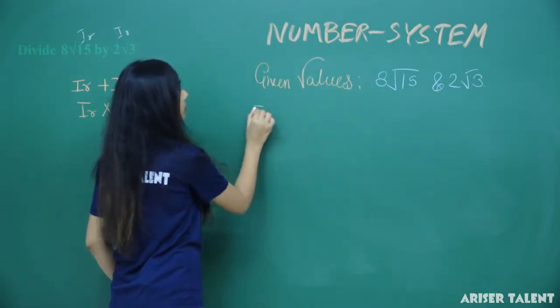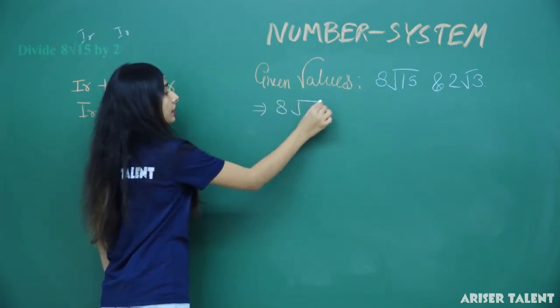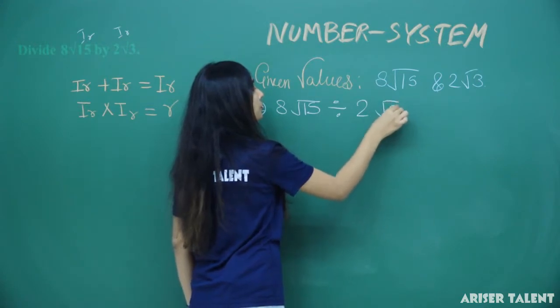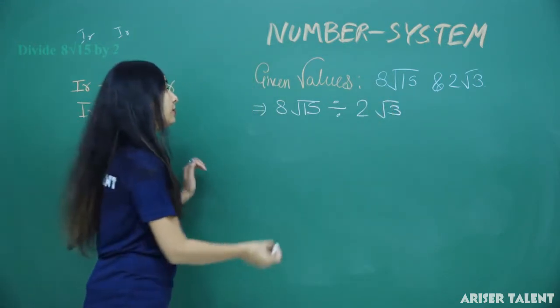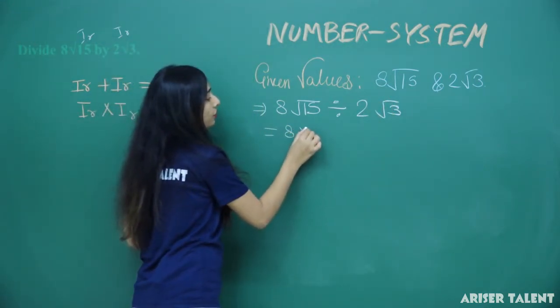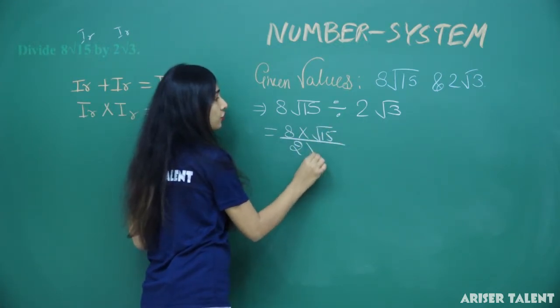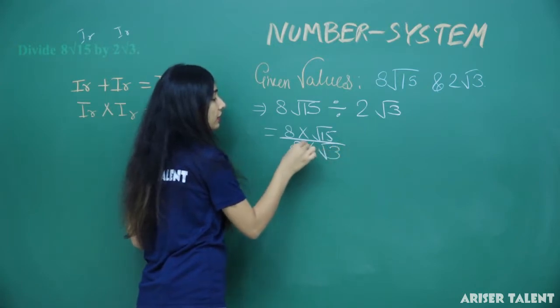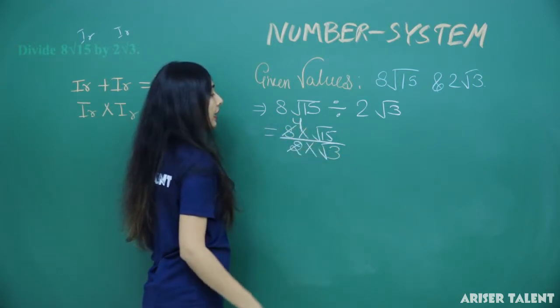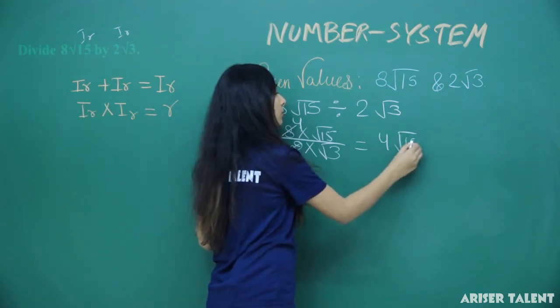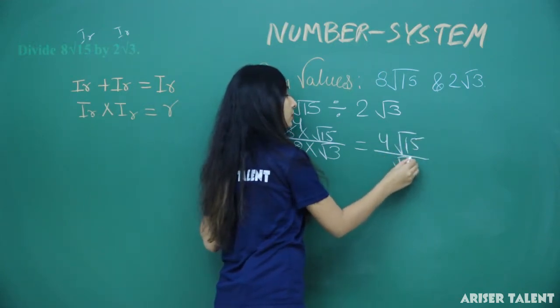This implies 8 root 15 divided by 2 root 3. Now, simply you can cut it short, and that will become 4 root 15 by root 3.